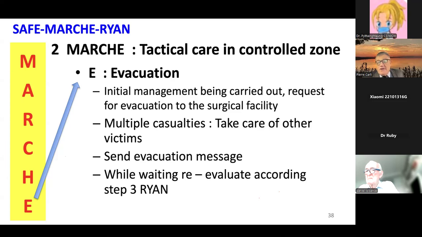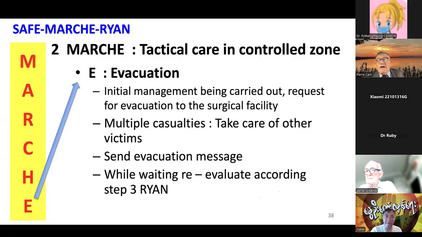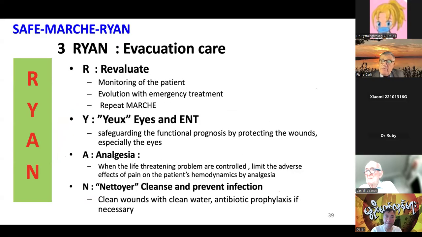You send the evacuation message, and during the evacuation, you have to evaluate other points that are less important, but that will be interesting. You reevaluate the patient during the evacuation care, during the transport. You take care of very special injuries like eye injuries, where you can do nothing outside of a specialized center, but you put in place a special bandage to protect the eyes.